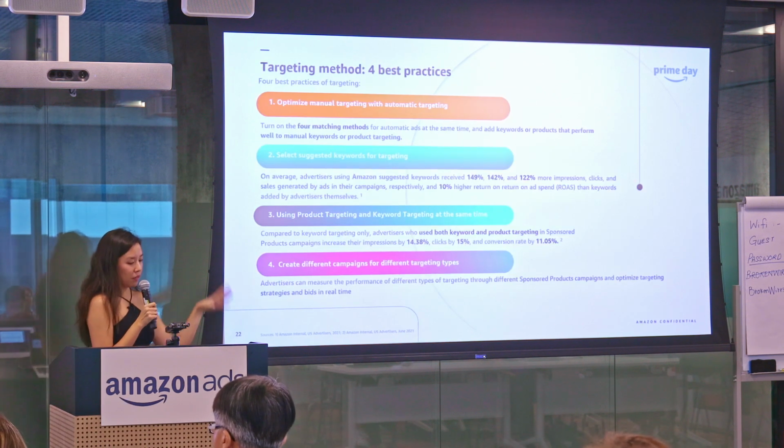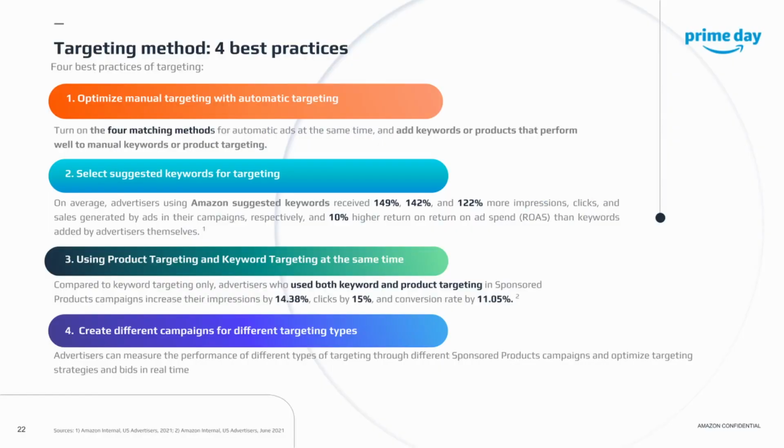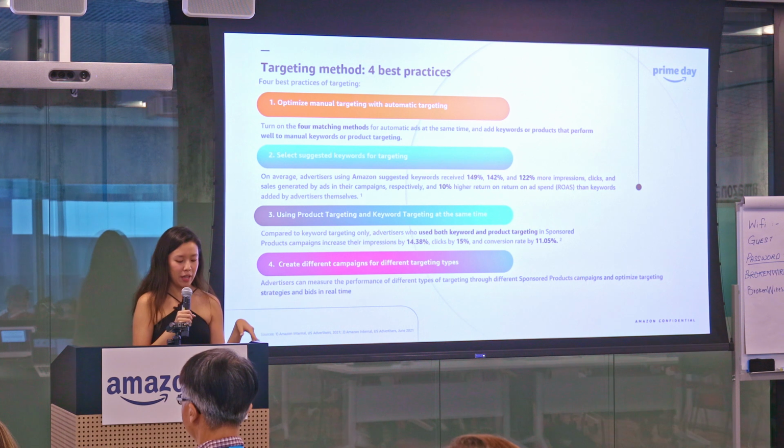And of course, in terms of targeting, you want to start optimizing your manual targeting from your automatic campaigns. You'll see the automatic campaigns change over time in terms of what consumers search for when they enter Amazon. Then you want to take out your best performing keywords or products and put them in a manual campaign and optimize for it.